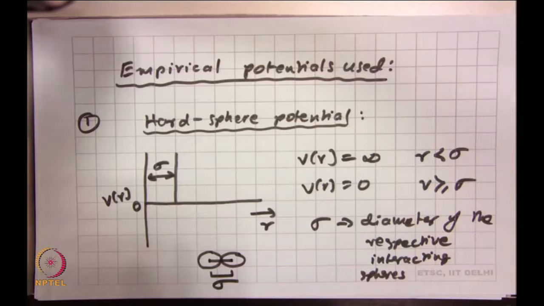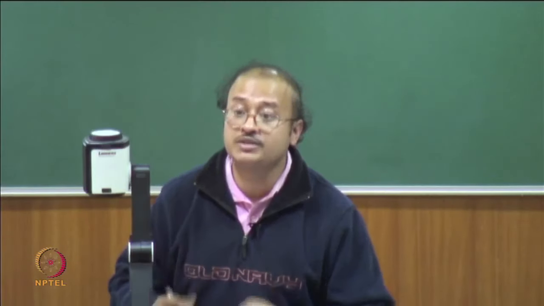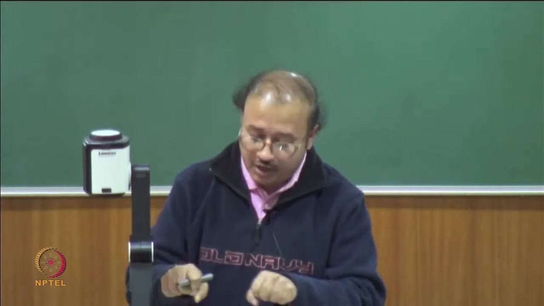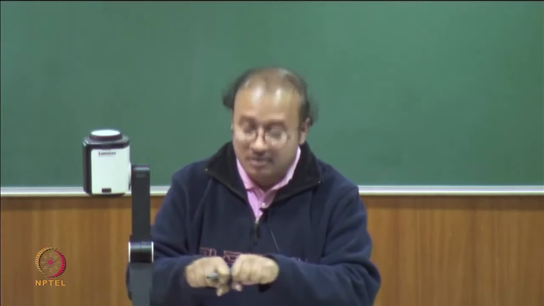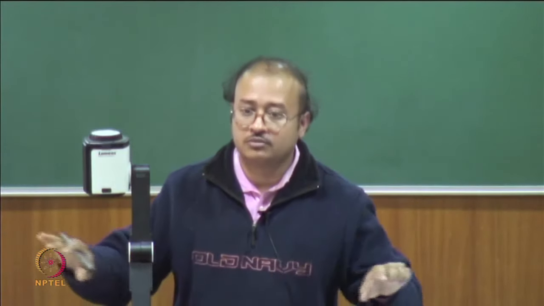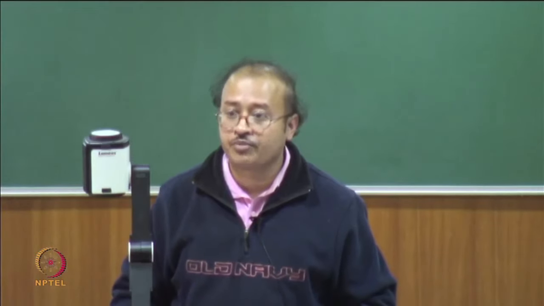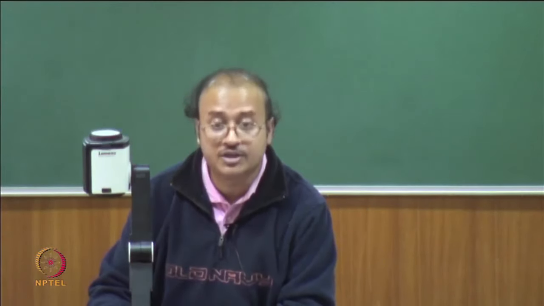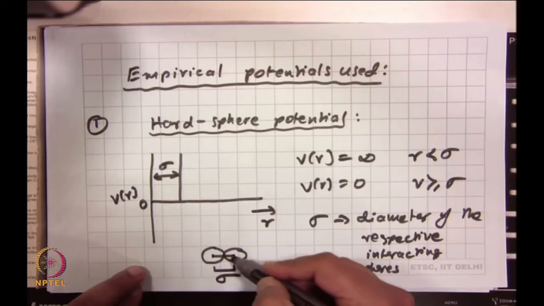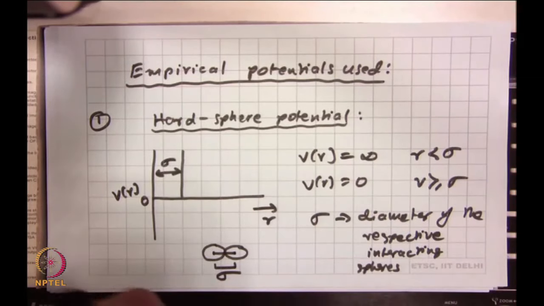Hard sphere means you just cannot squeeze them further. The moment they are in contact, they bounce off elastically and go away. Because the potential is very high at r less than sigma, they can never encroach that sigma length. That is why the potential shoots up to infinity.